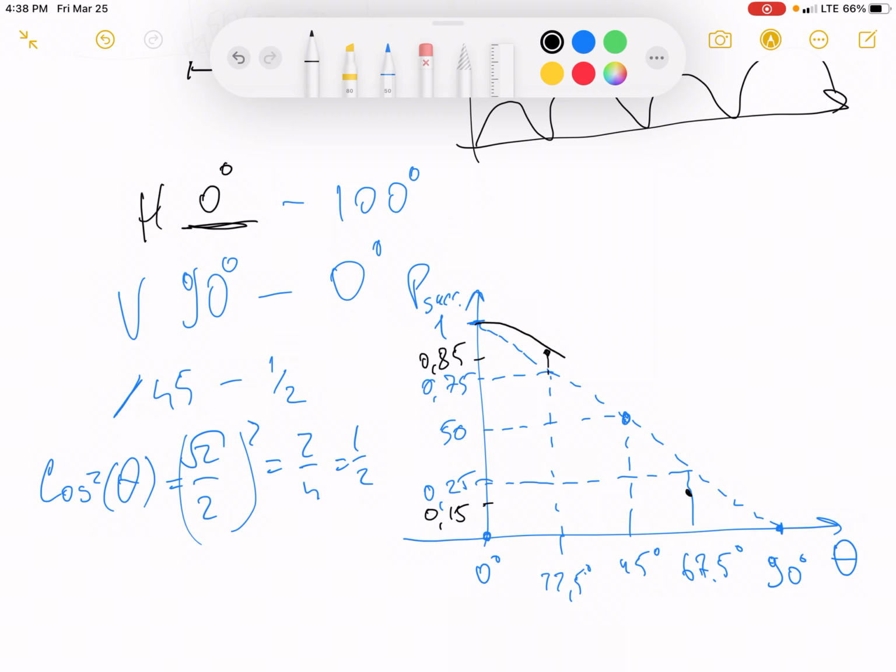Overall, this is how our graph looks. Maybe it can be a little higher like this. This is how our graph looks. Well, you might say, yes, it's obvious, it's a cosine squared piece of graph.